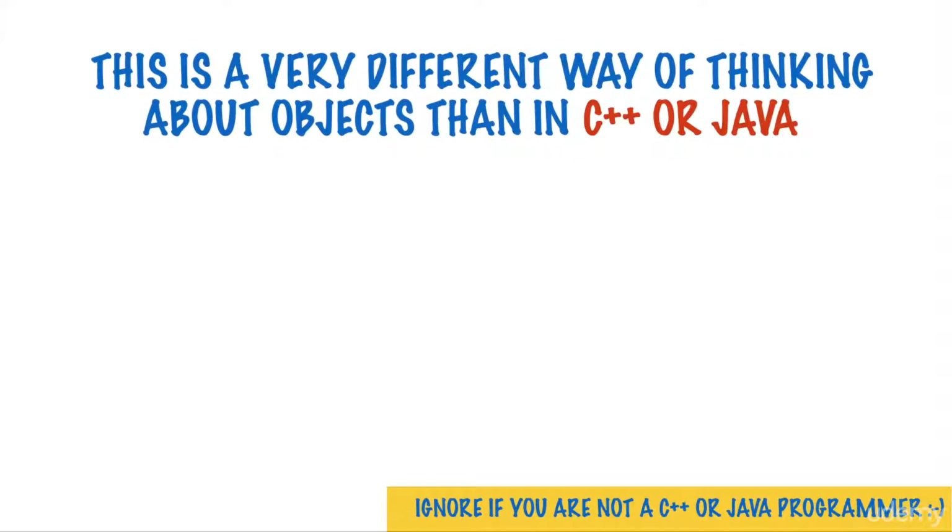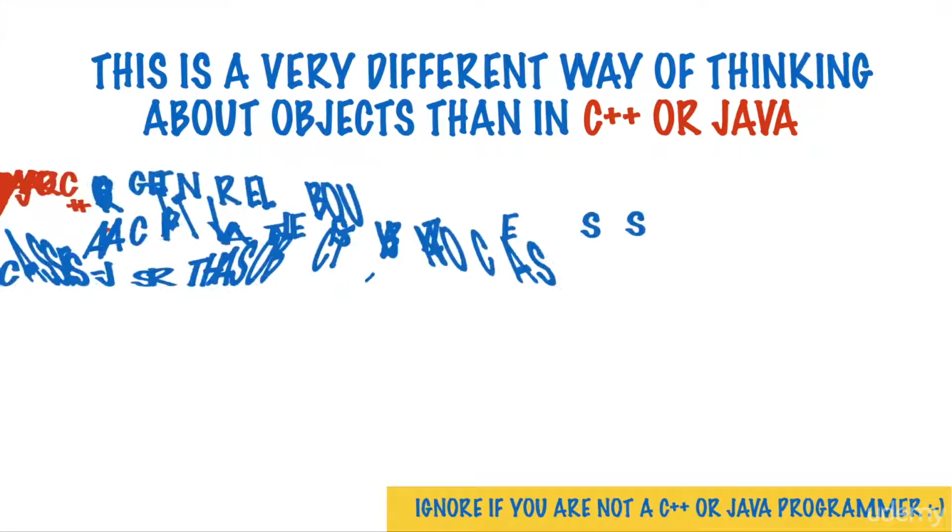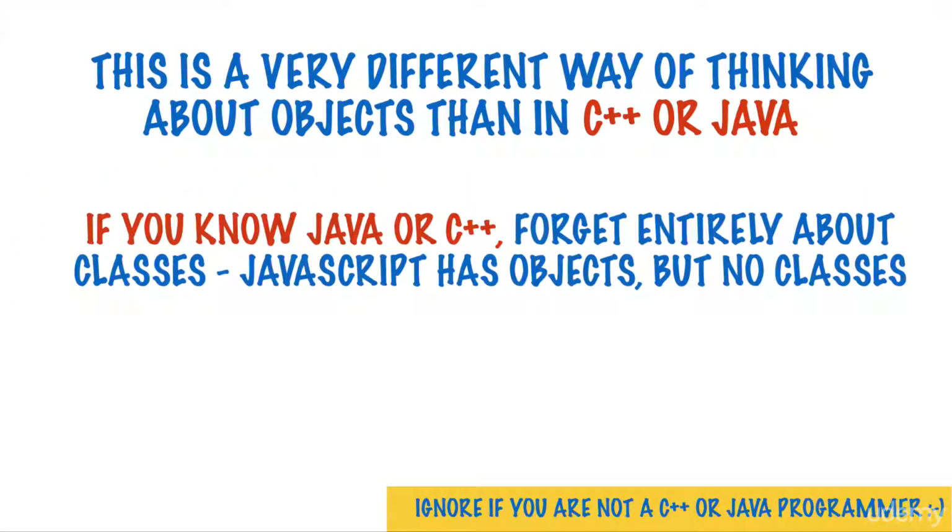Rather than Python, if you come from a world of C++ and Java, once again, it's a very different way of thinking about objects in JavaScript than in C++ or Java. If you know Java or C++, completely forget about classes. We talk about classes being a template for how an object sets up, private, protected, etc. Completely forget about those.